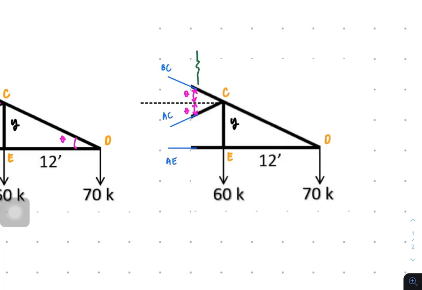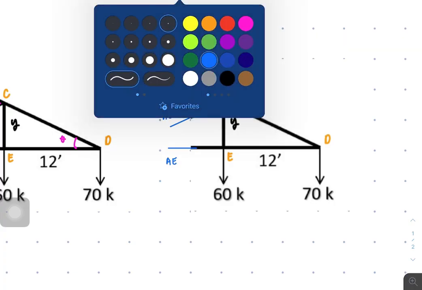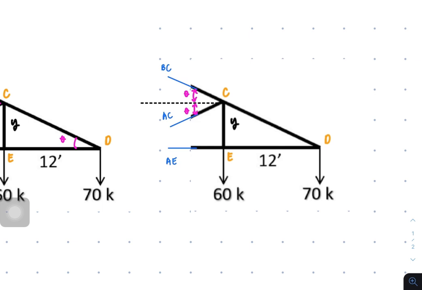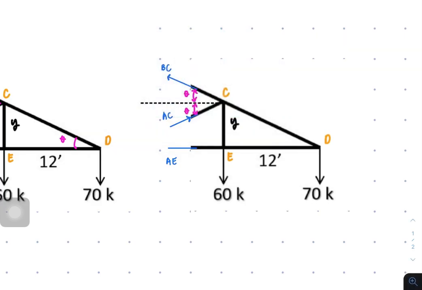We need to get the assumption first. I'll have the assumption to be BC as tension and then AC as compression. So anyway, it's just an assumption. So if our assumption is wrong, then we have to correct it.